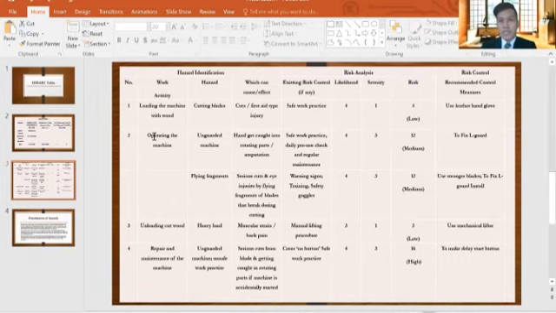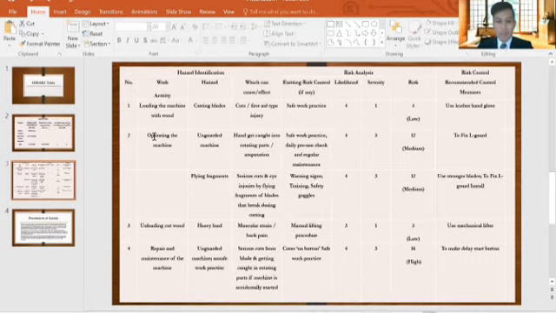Previously, they implemented manual lifting procedures, but in our modern era, they have recommended a new risk control measure, the usage of a mechanical lifter. In this case, the likelihood score for this hazard to occur would be a score of 3. Meanwhile, the severity score would be a score of 1, which totals up to a score of 3 for the risk value of this hazard.